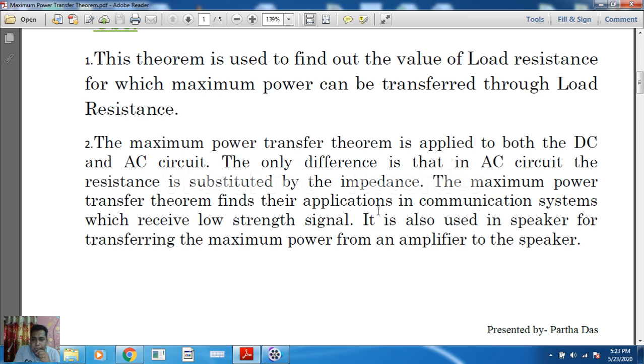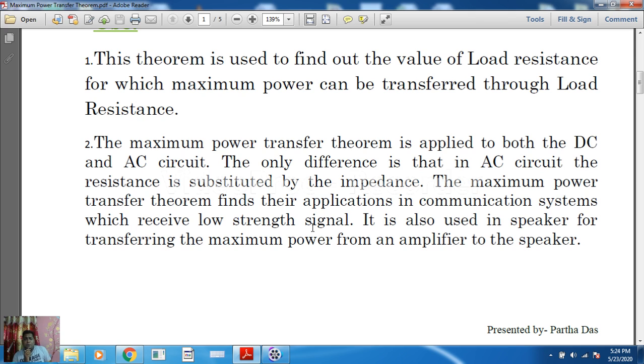So when we discuss an AC circuit with an AC source, we have to take the impedance value. Now for the application: the maximum power transfer theorem finds application in communication systems which receive low strength signals. Say we have a signaling system.